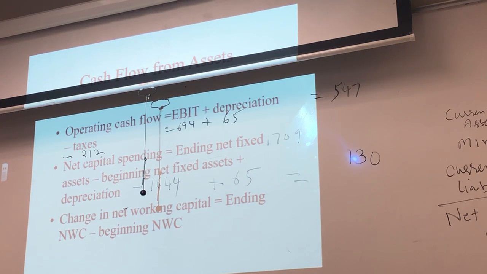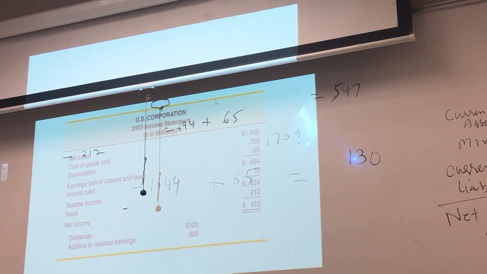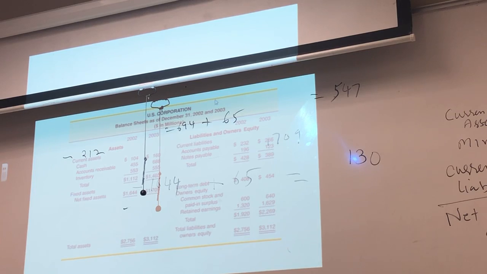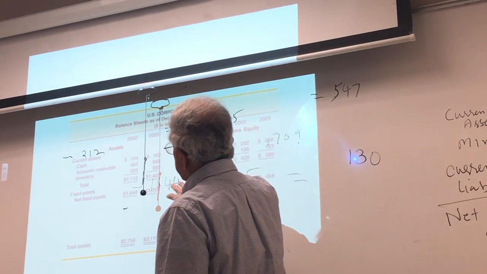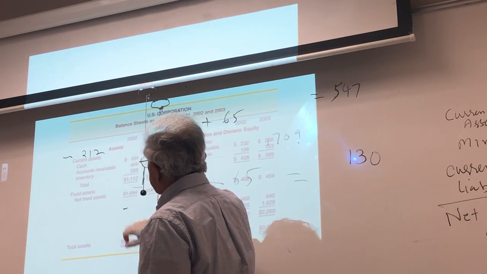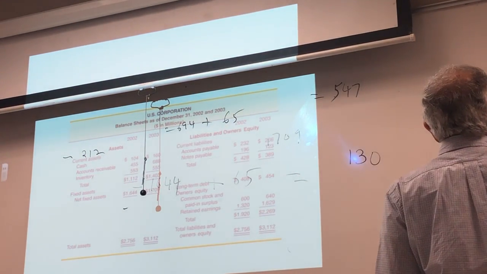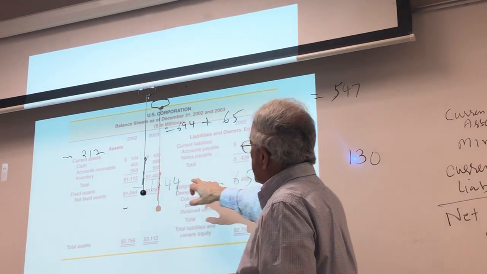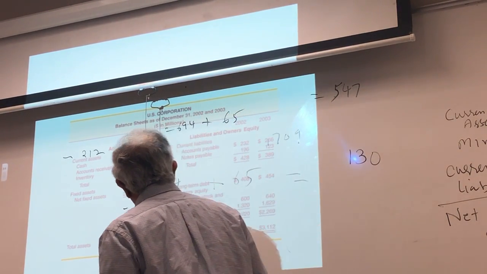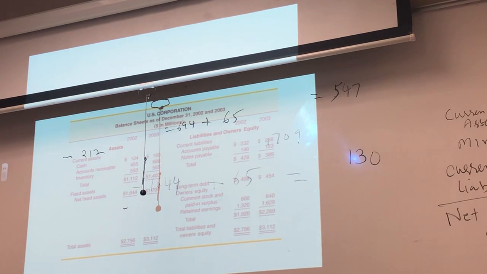Okay, so we need to find current assets, current liabilities for the 2 years. So let's go back to the balance sheet. I'm just going to copy the information from here. 1112, and 2003 is 1403, is it? 1403.